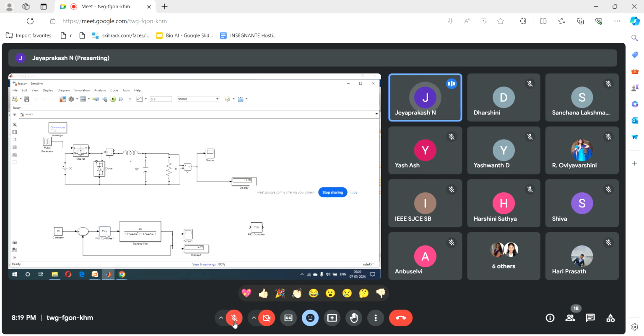Before that, I am not going to introduce the controller. I am going to introduce the open loop, same pulse only. Already we have calculated the transfer function: Vs divided by LC s squared plus L by R s plus 1.